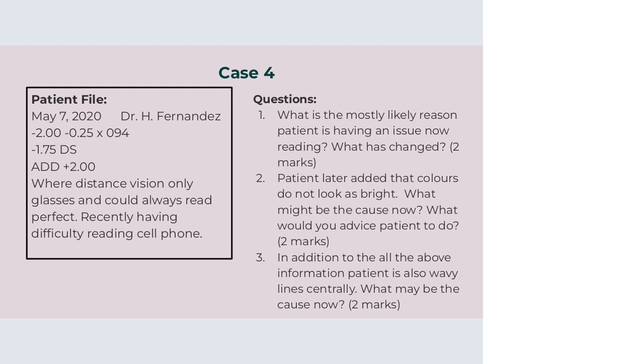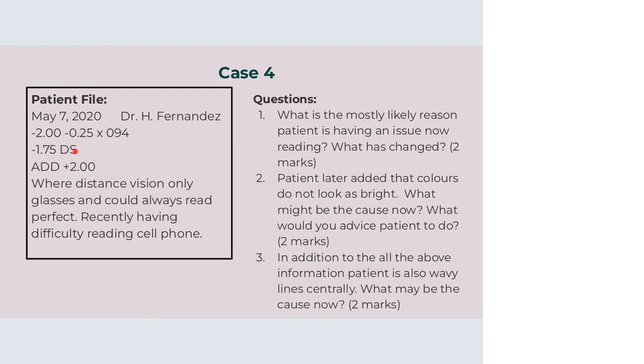Okay. So in the chat, Katie wrote -2 +2. So the right eye, the sphere is a -2, and their add is a +2. So if you were going to make this person a pair of reading glasses, their reading prescription in the right eye, if you add the +2 to the -2, we would get plano because they cancel each other out, and then -0.25 axis 94 for the reading in the right eye.